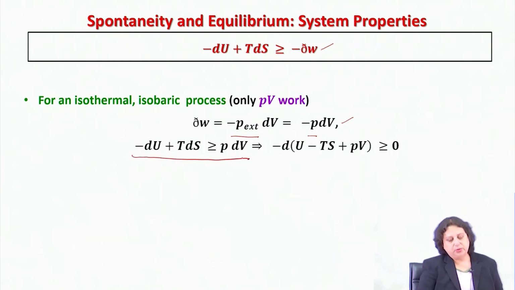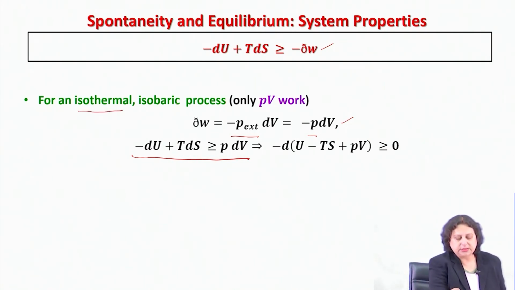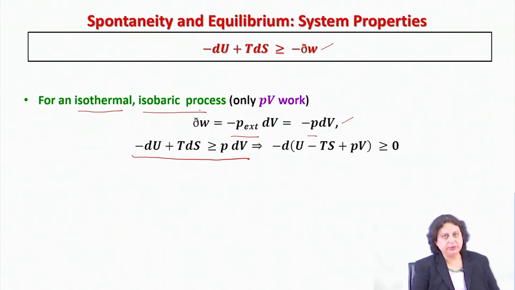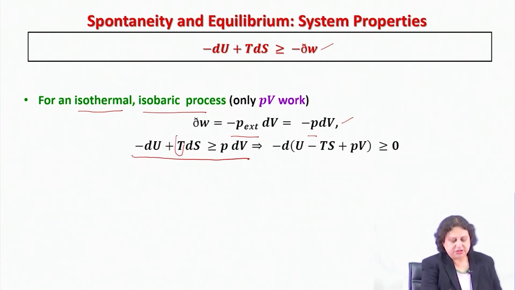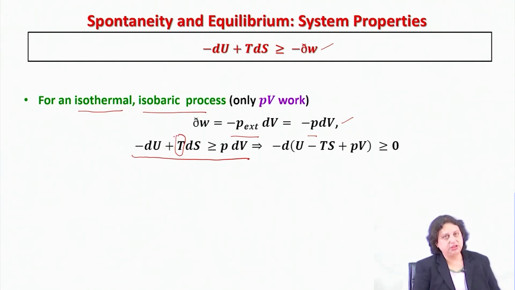So next what I do is I say that look, I have an isothermal and isobaric process. Therefore, in this case, my temperature is a constant during the change in state and my pressure is also a constant during the change in state.